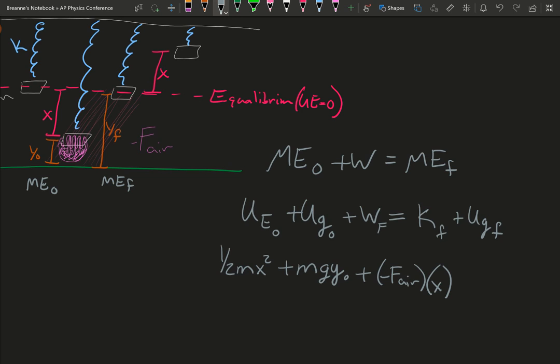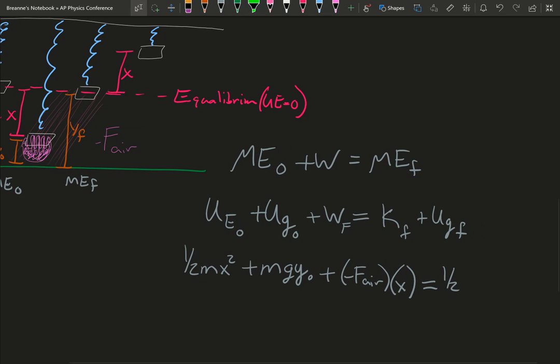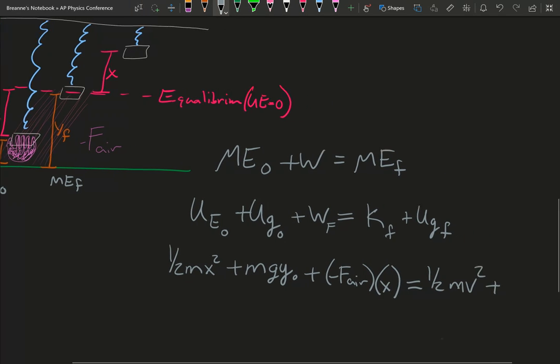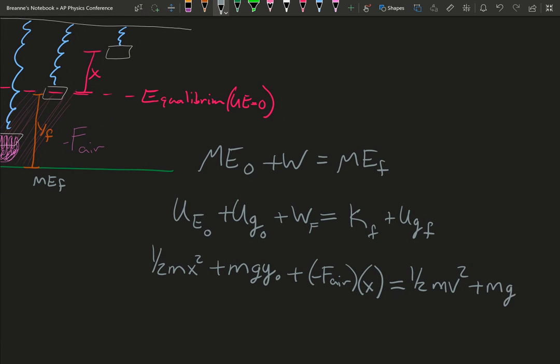Even though it has a height, it's not moving all the way down, so it's just moving that x. Our x is the same as our distance. And that equals 1/2 mv squared plus mgy for your final height. From there you can solve for whatever you're looking for.